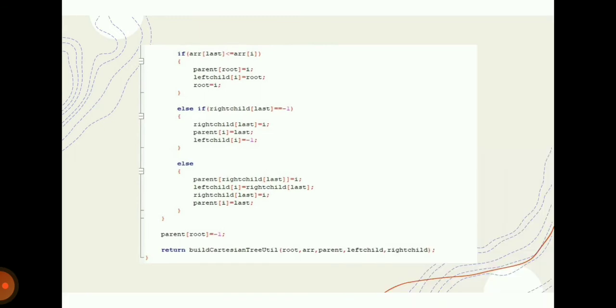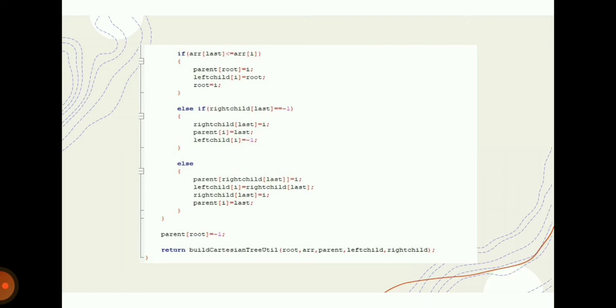If array's last is less than or equal to array's ith element, then in the parent's root we will assign i, and root's value will be given to the left child of i, and the new root will be i. In the other case, if right child of last is equal to -1, then right child of last is equal to i, parent of i will be equal to last, and left child of i will be -1.